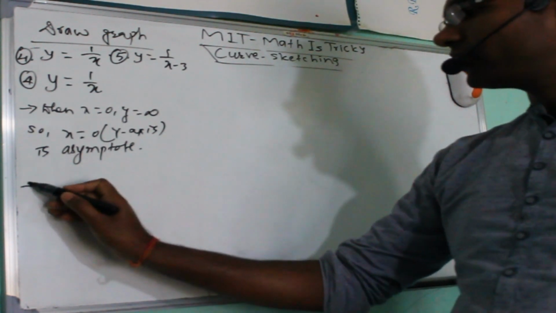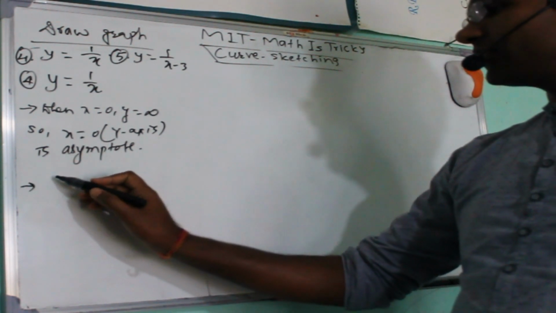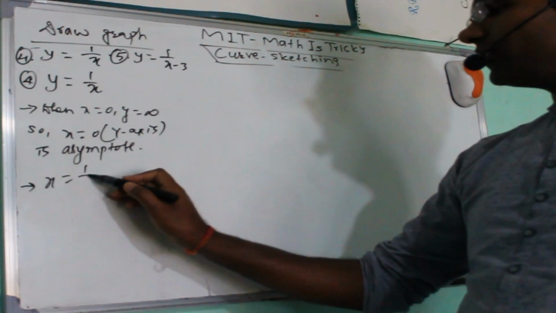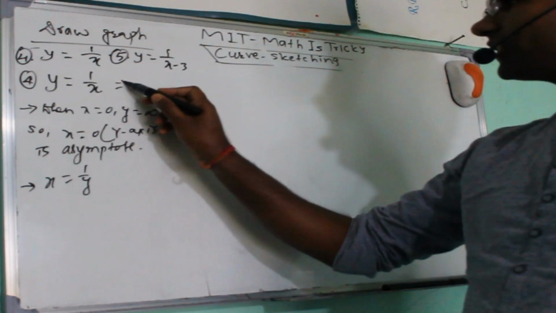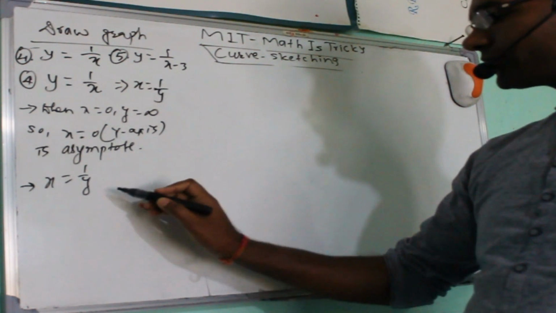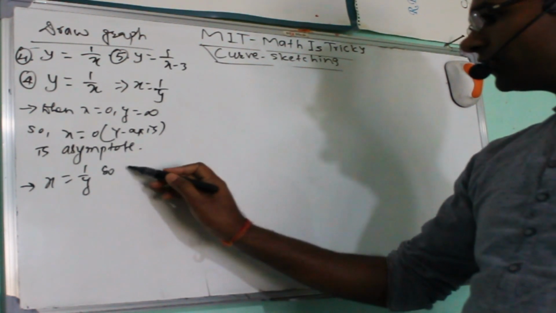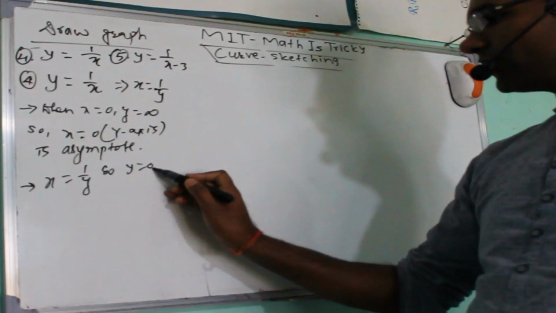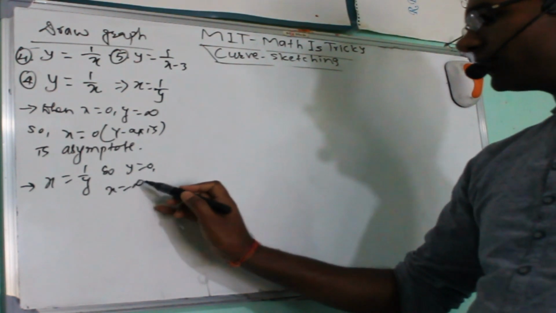Also, we can write x equals 1 by y from this, isn't it? So y equals 0 gives x equals infinity.